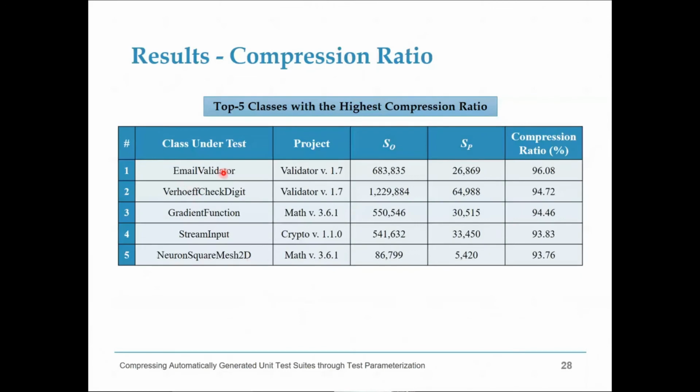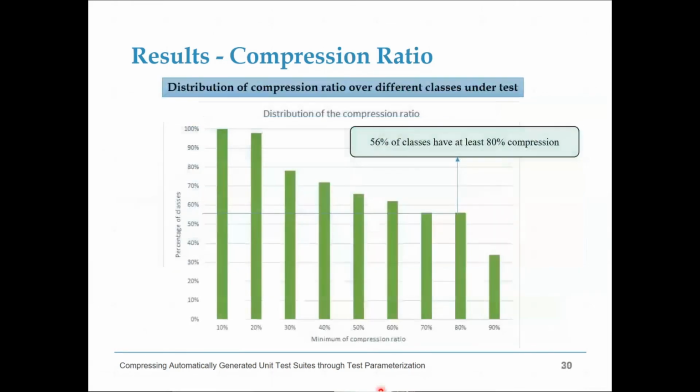For instance, email validator as a class under test has 96.08% compression ratio. Here we have the distribution of compression ratio over different classes under test chart. And as it is shown, 56% of classes have at least 80% compression.